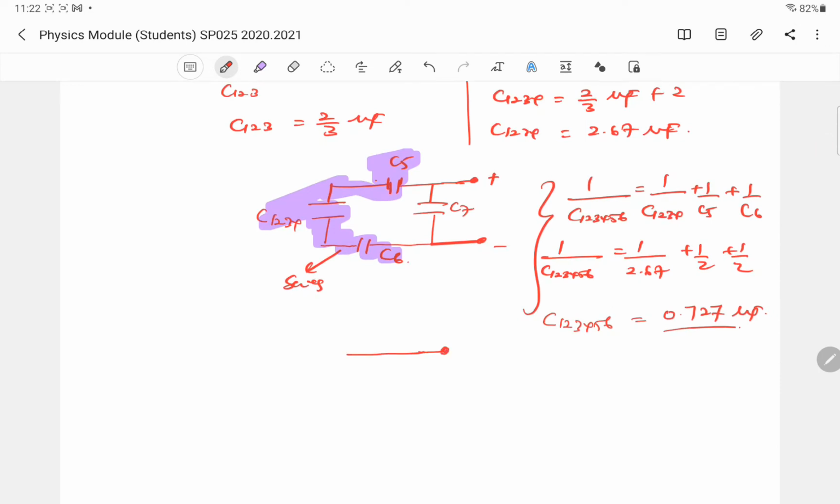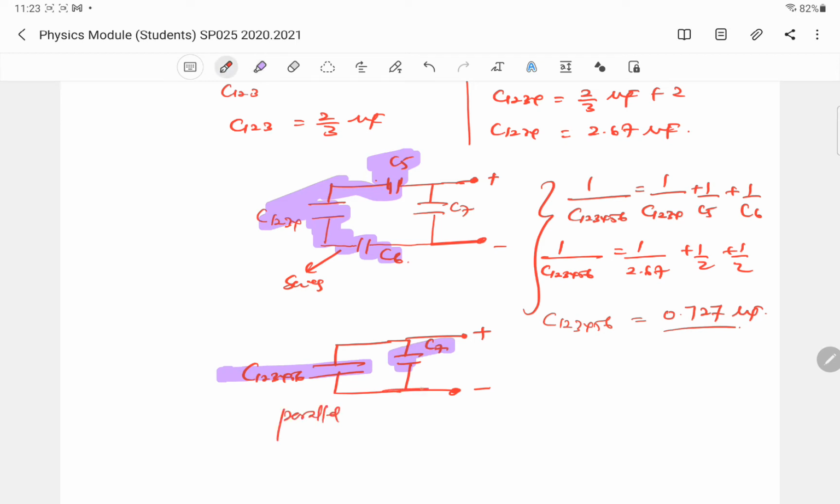Okay, last one kita combine semua. Kita ada C123456 and C7, disambung kepada power supply, positif, negatif. So ini adalah connected in parallel. Okay, C123456 ni, C7 are connected in parallel.